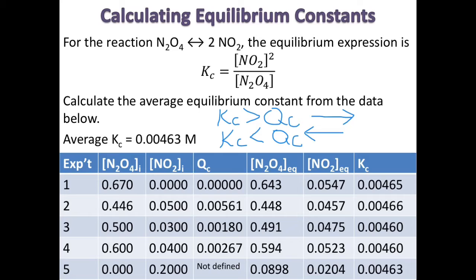So I'm going to put up here the Kc, 0.00465, and over here 0.00180. And as we can see, the Kc is larger than the Qc, so the reaction has to go forward.